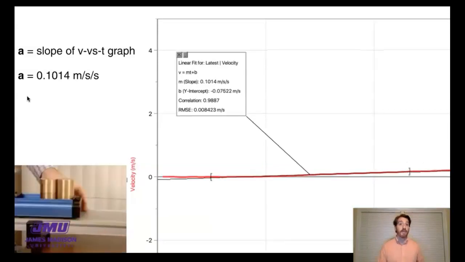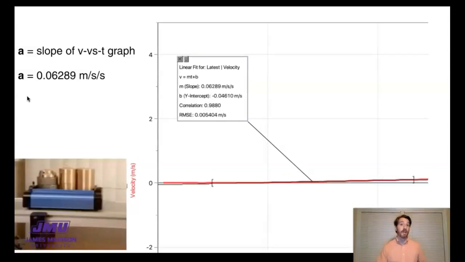When we added another 500 grams, the acceleration went down to 0.1014 meters per second squared, and when we added another 500 grams, the acceleration was down to 0.06289 meters per second squared. Remember, these were all caused by the exact same amount of force acting on different amounts of mass. So the effect we're seeing is that the acceleration is dependent on the force applied, but it's also inversely proportional to the mass.